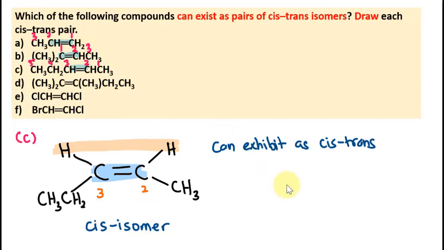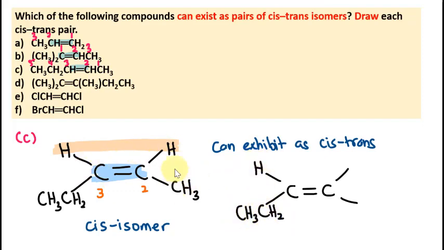To draw the trans isomer, we have the carbon-carbon double bond. Let's draw it again. Just draw this structure, and then just copy the third carbon back. So we have CH3CH2 and hydrogen.